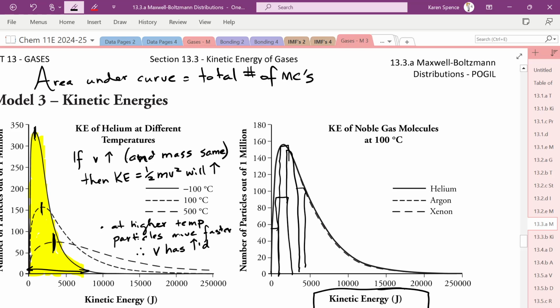So if you say, how many molecules do I have at 10,000? Well, I've got 25 molecules. How many do I have at 10,001? Well, I've got 20 molecules. And then you have to add them all up. And that's what calculus lets you do. That's the math tool you would use to add up all those infinite tiny slices. But you don't need to know how to do that. You just need to say the area under the curve is the total number of molecules.